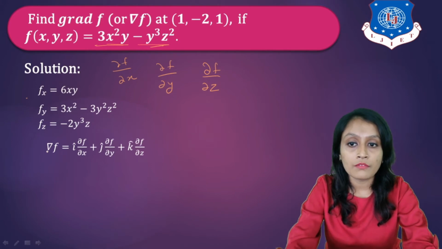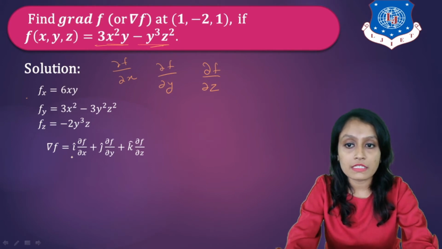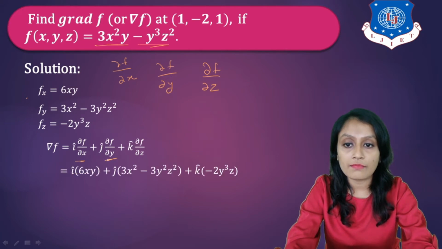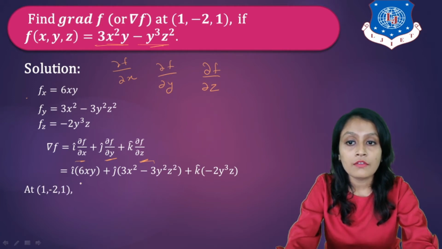Now the formula for the gradient of f is given by i cap into del f by del x plus j cap del f by del y plus k cap del f by del z. Now substitute the answers of del f by del x, del f by del y and del f by del z. So you will get this answer, and we have to find the answer at this particular point, that is (1, -2, 1).